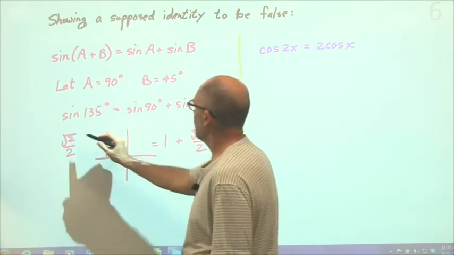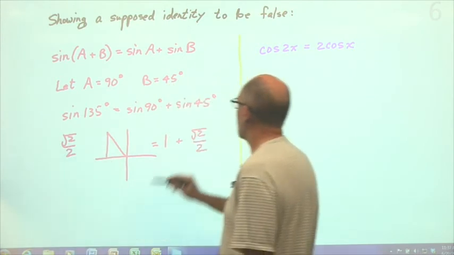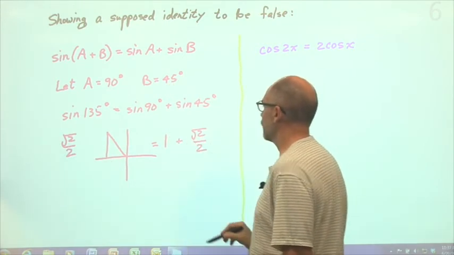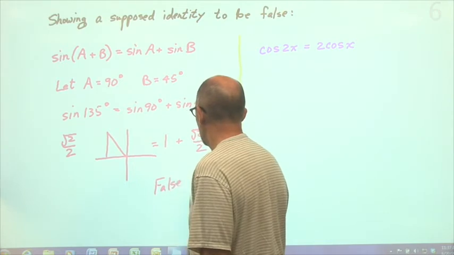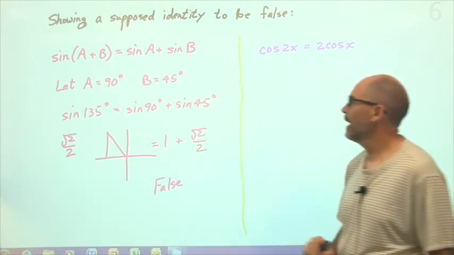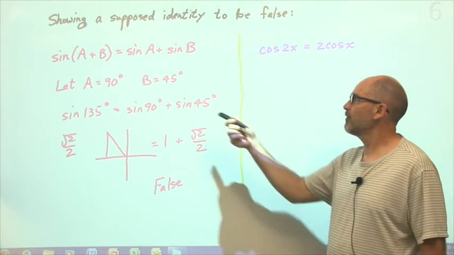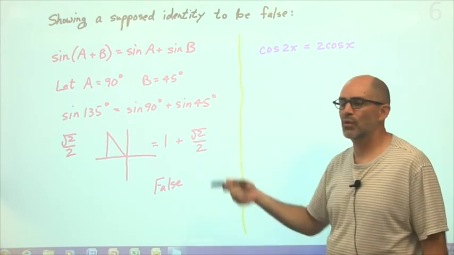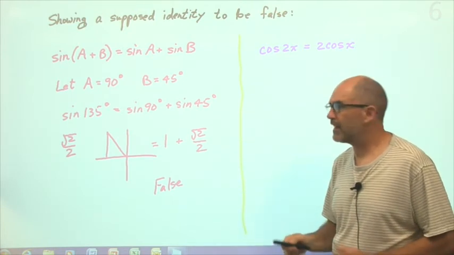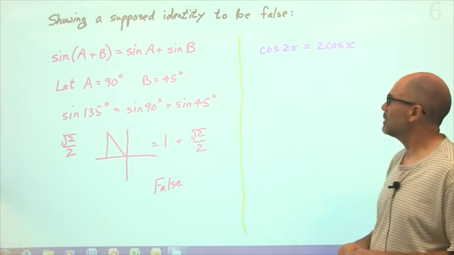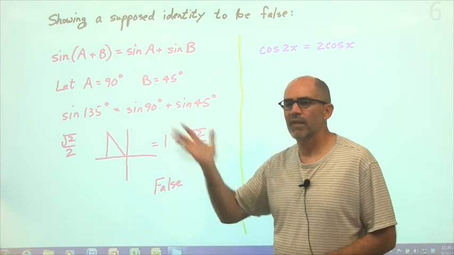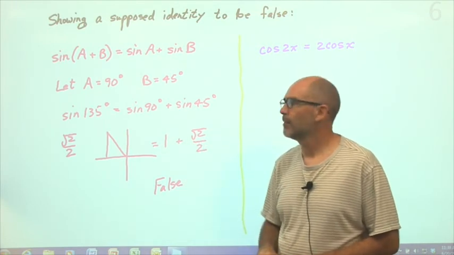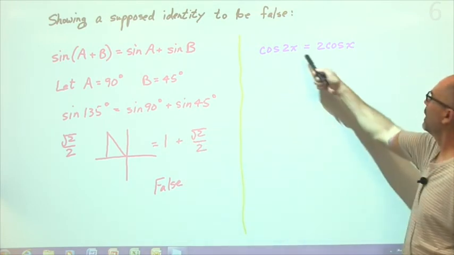So notice what we show is square root of 2 over 2 equals 1 plus square root of 2 over 2. So that is false. Now, there are plenty of different angles that you could choose to show that this is false, but the key thing with a counterexample is you just need to show one example that's false, and the whole statement's false.